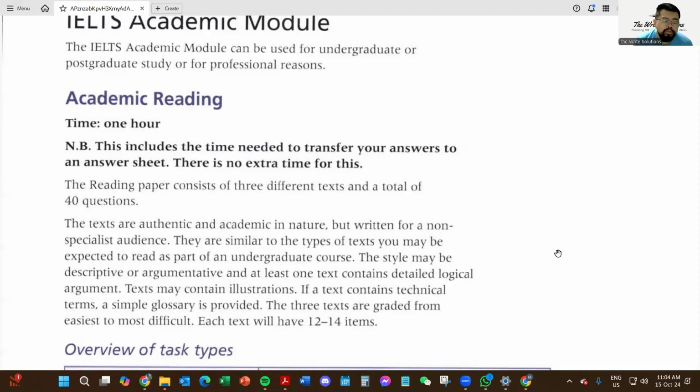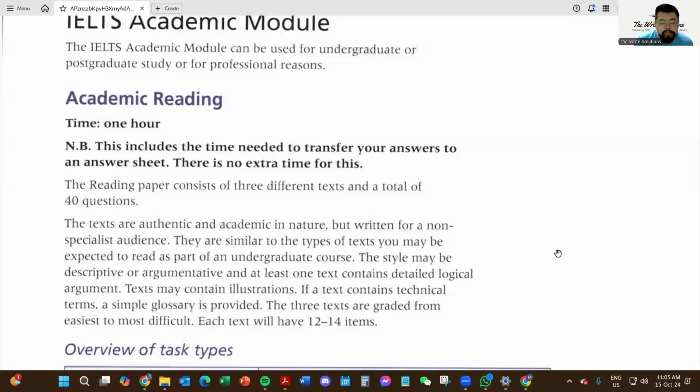They're kind of like pre-college or what you see in a first-year or beginner-level introductory course in university. They're written for a non-specialist audience, similar to what you will encounter in college or university, okay?